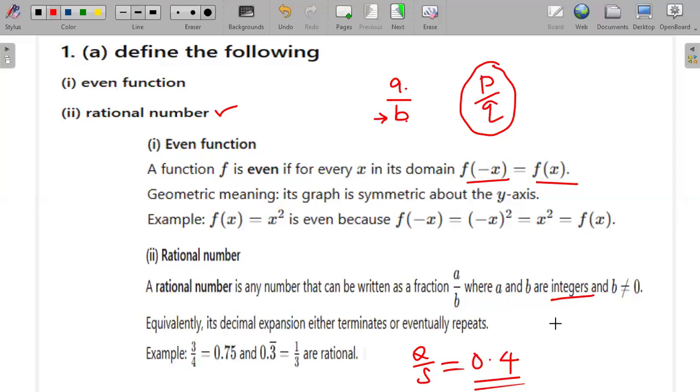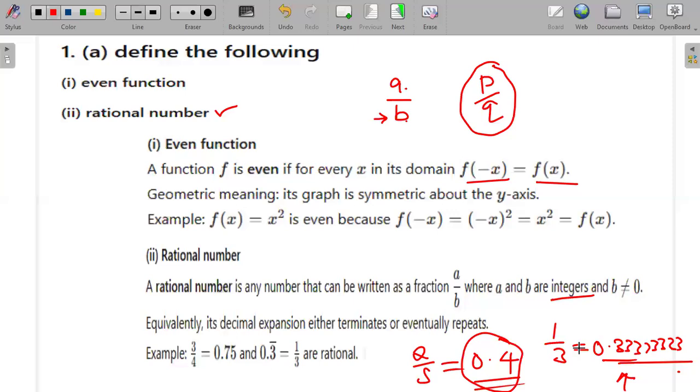For repeating, for example, if you punch 1 over 3 on your calculator, you get 0.333, so the 3's continue to go like that forever. So the decimal form of a rational number is either repeating or terminating. Like this one ends at 0.4, but this one continues to repeat like that.